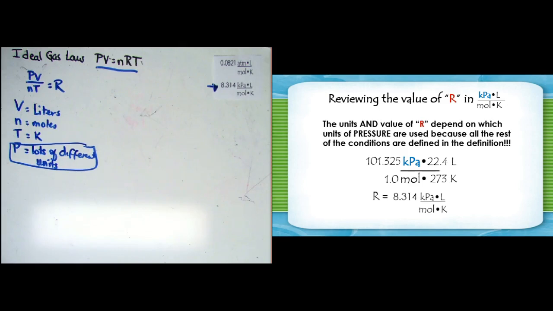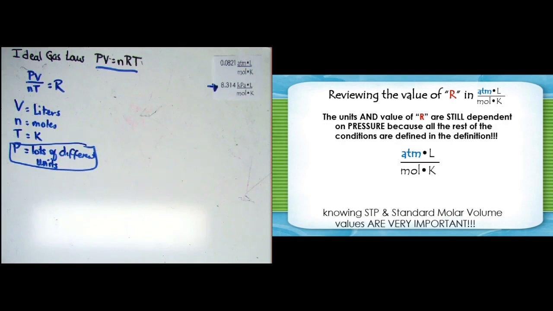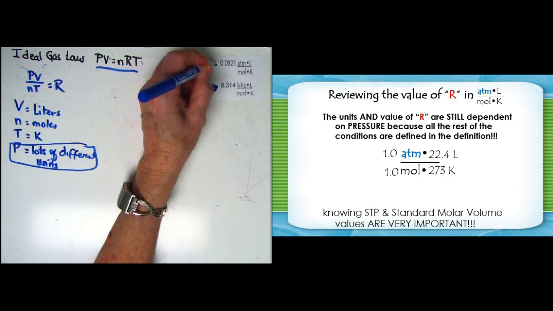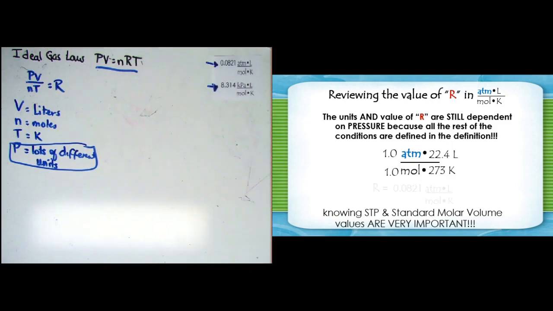If you decide to do this with atmospheres, you'll find that moles stay the same, liters stay the same, Kelvin stays the same, but the only difference is that now you're dealing with 1 atmosphere. When you calculate this R, you get this other number up here at the top. You have to really know these, and you honestly should just take the time to learn them. It just helps.